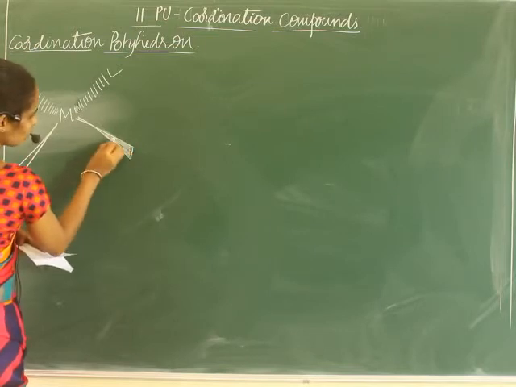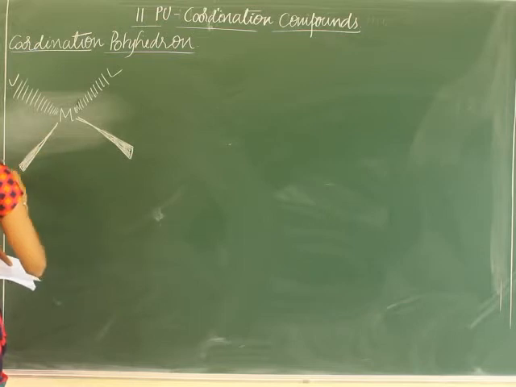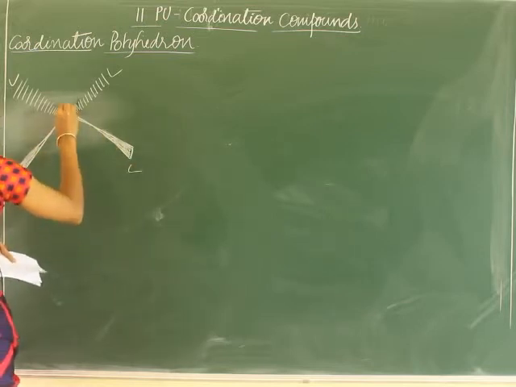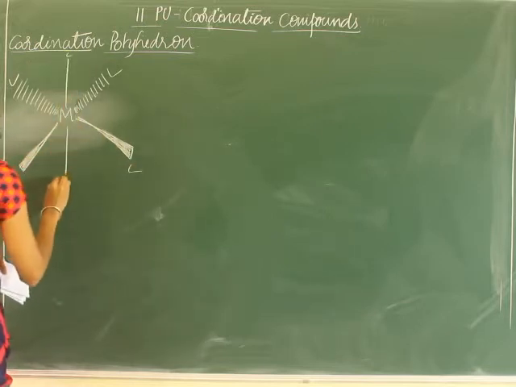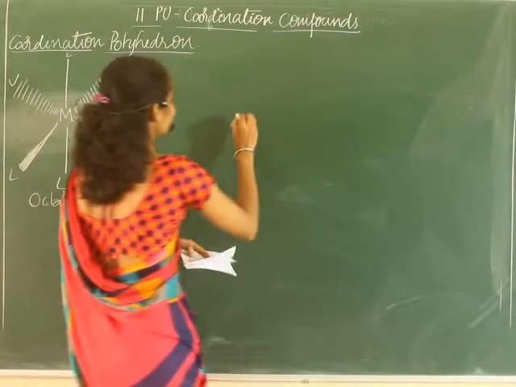Solid line, solid wedge, and that is broken away, and there are two more ligands. It is an octahedral polyhedron.